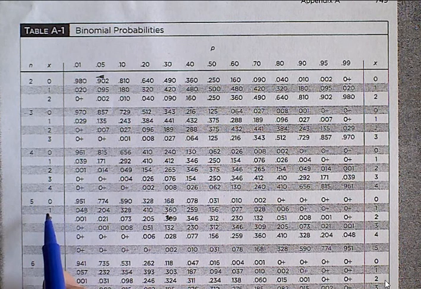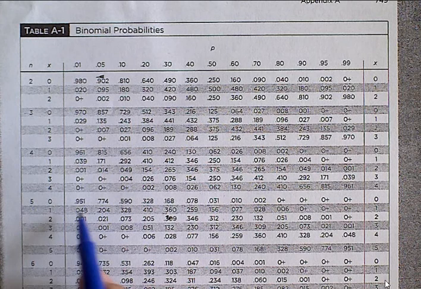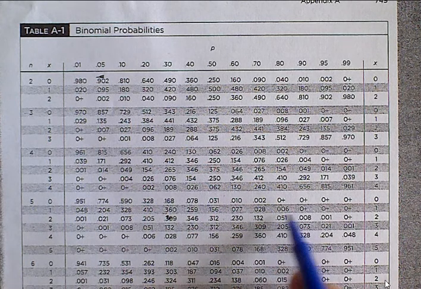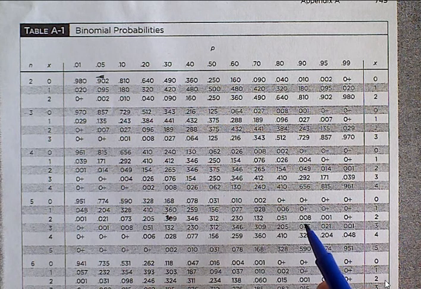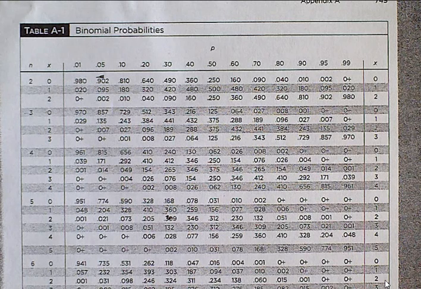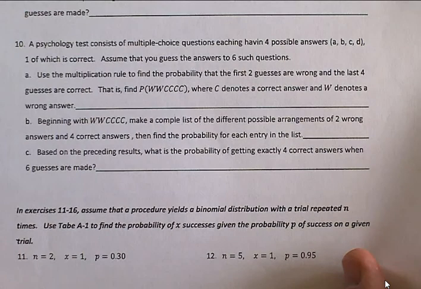Now, follow that over in that same shaded row to where you get a column under the 0.95 for P. And it looks like we have a probability that is so small that we have to record it as 0 plus. Okay, so underneath that then, because of its position in the table, okay, number 12 is just 0 plus.